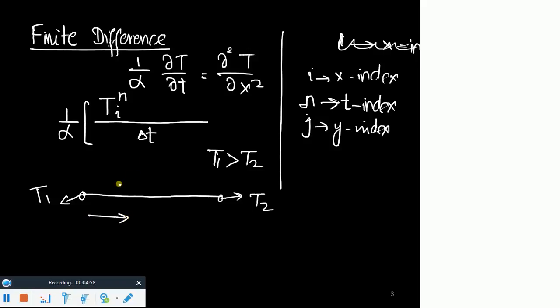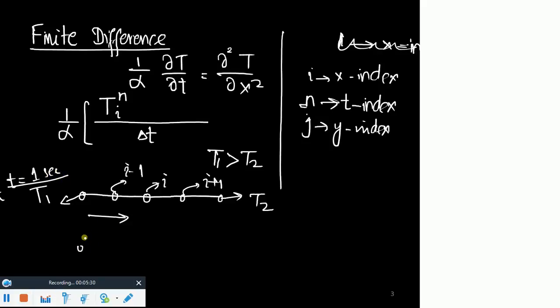Let's say I divide that complete length into 5 nodes. These 2 are the boundaries, and these 3 are the unknown nodes. Now if I say this node is i, then this node would be i plus 1, and this node would be i minus 1. And this is the picture of this rod at time equals, let's say, 1 second, for example.